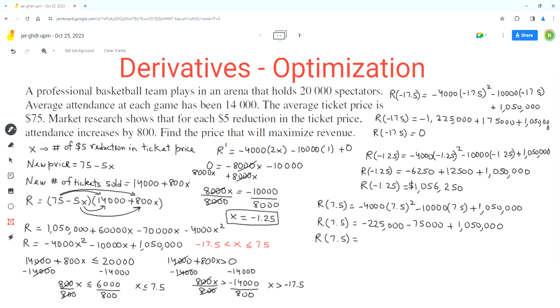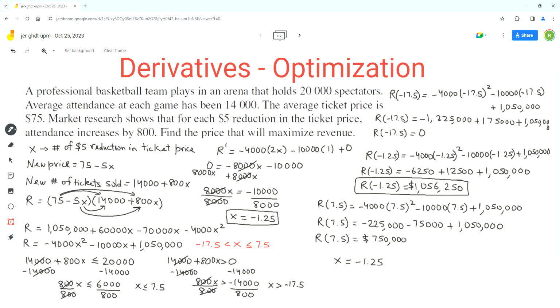So I got 750,000, and the unit is dollars. So we can see we obtained the maximum revenue at x equals negative 1.25. So that's the x value we are looking for.